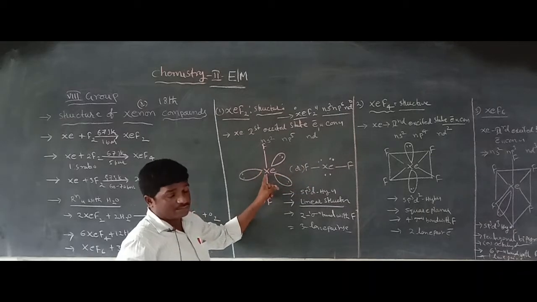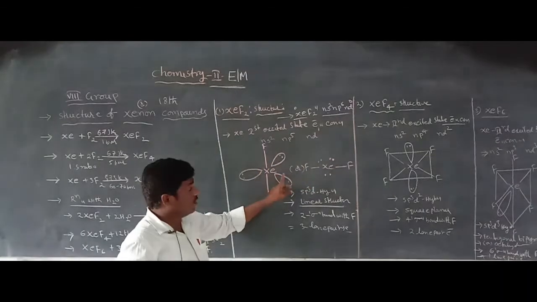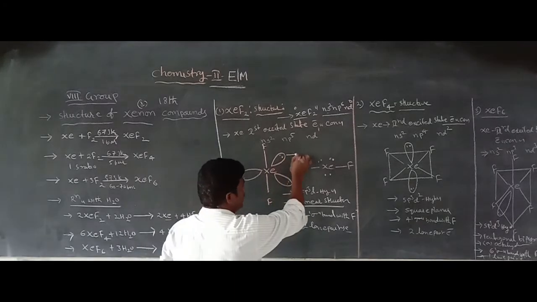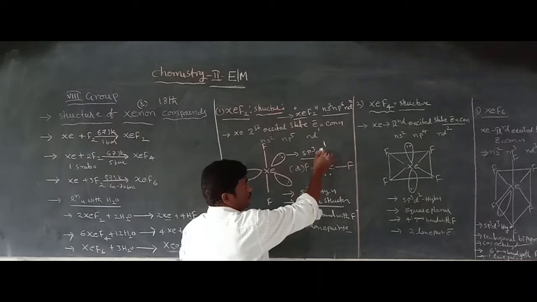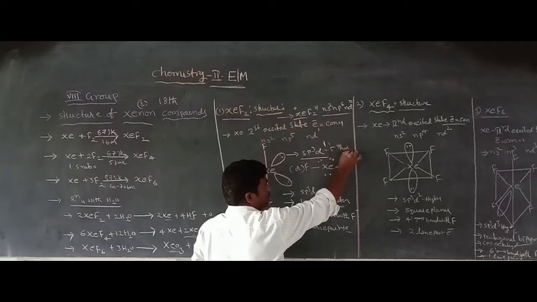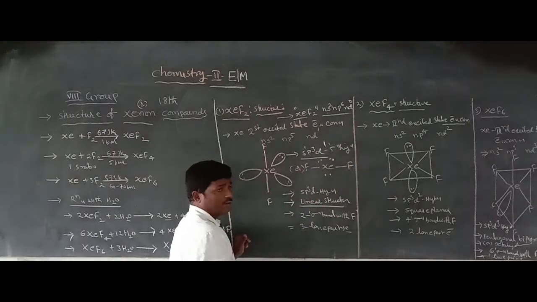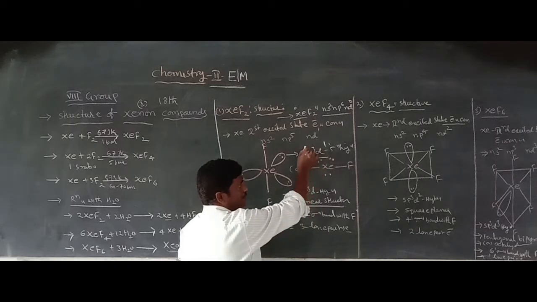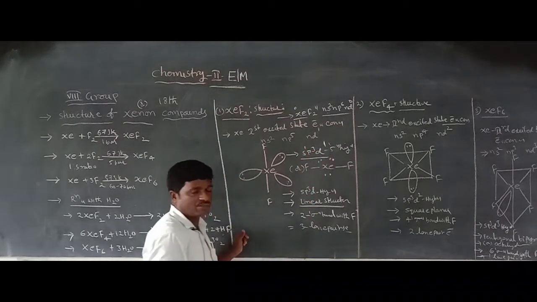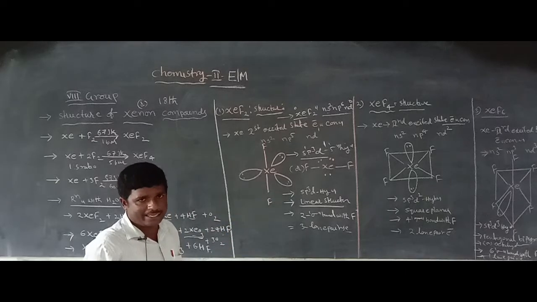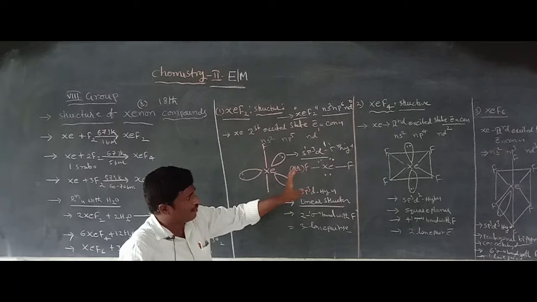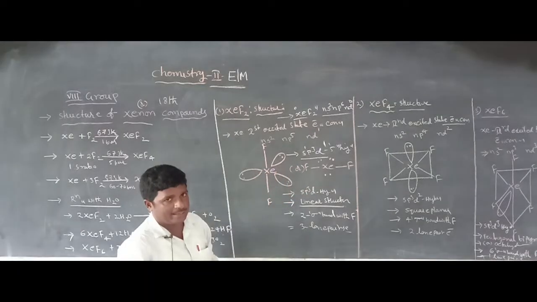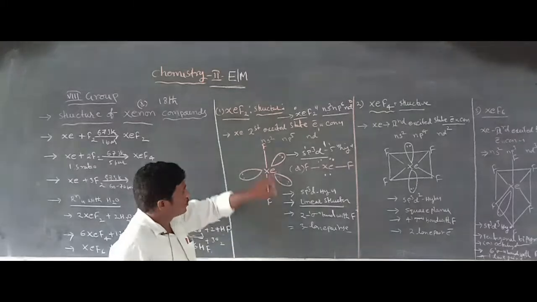The xenon central metal atom undergoes sp3d hybridization to form 5 sp3d hybrid orbitals: s orbital 1, p orbitals 3, d orbital 1, so 1 plus 3 plus 1 is 5.